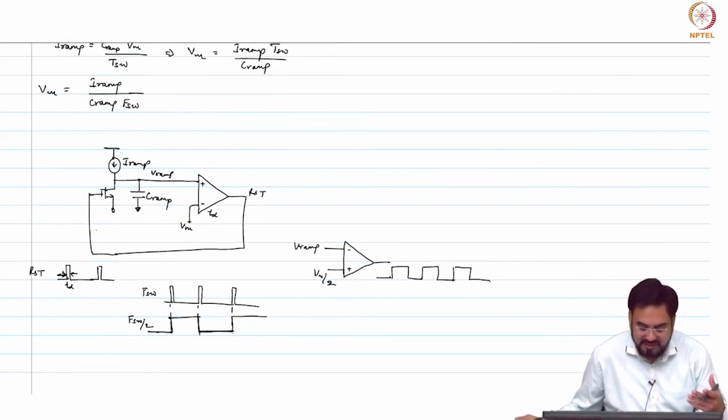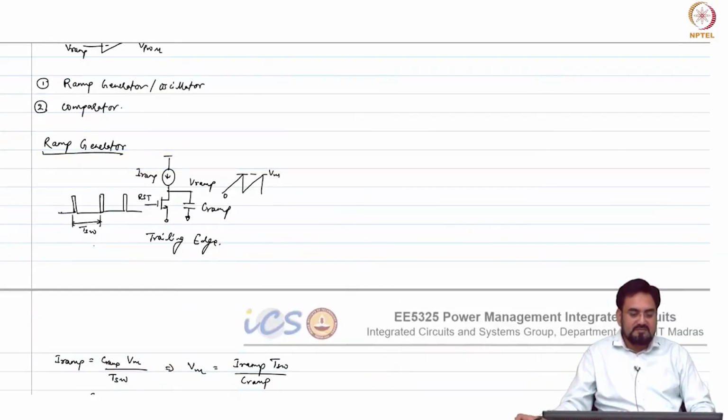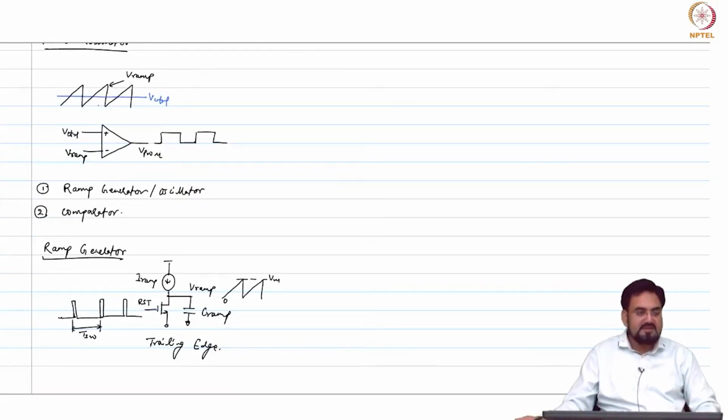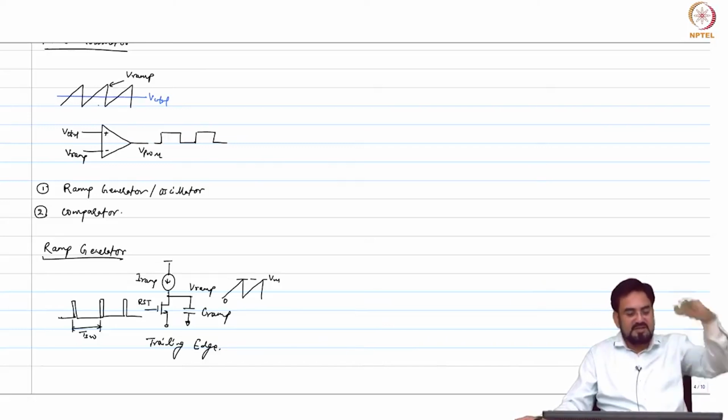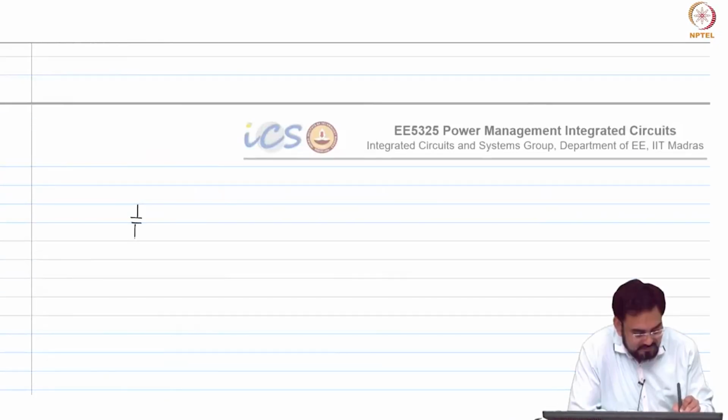So, this was a trailing edge. How do we do leading edge? Let us say I want to do a leading edge. Yeah, PMOS and you set it. And you will discharge.